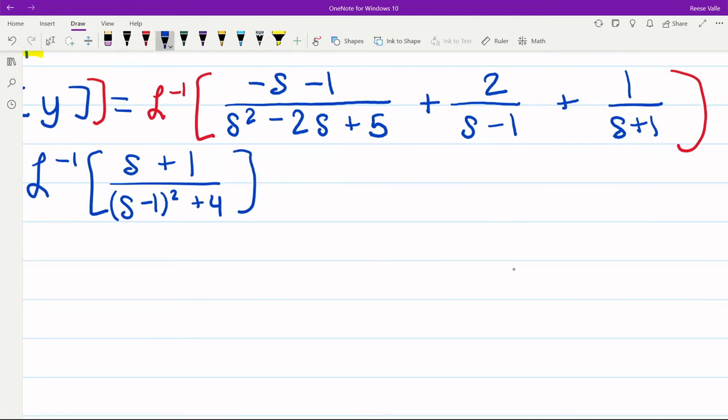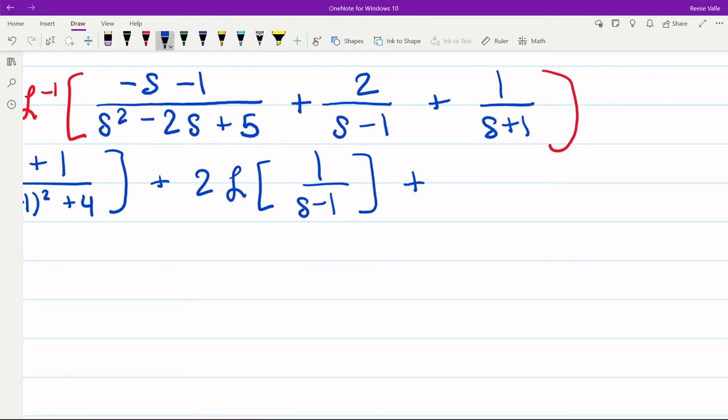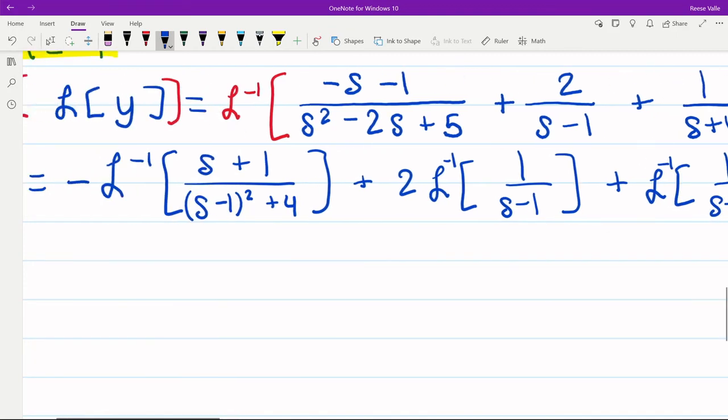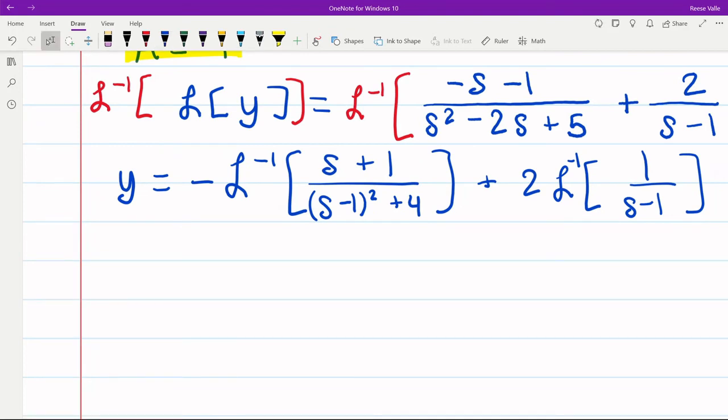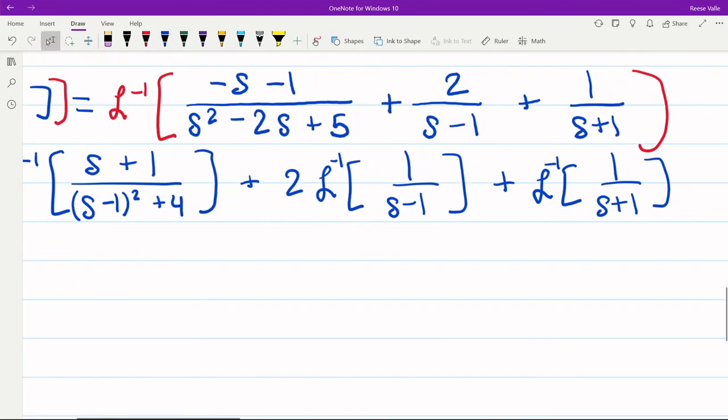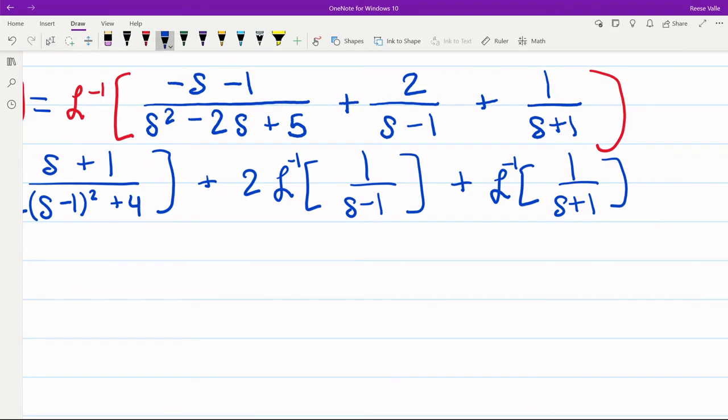And then the Laplace inverse of 2 times 1 over s minus 1 plus the Laplace inverse of 1 over s plus 1. Okay. So we're going to do the two easier ones first on this side. These two are just normal formulas from section 10.2, I think.